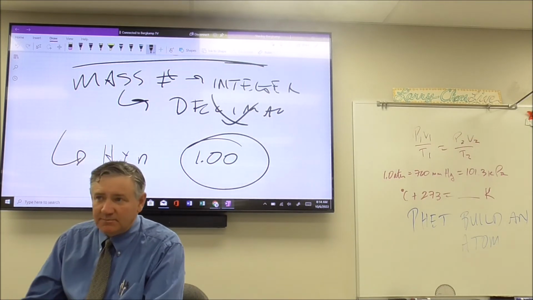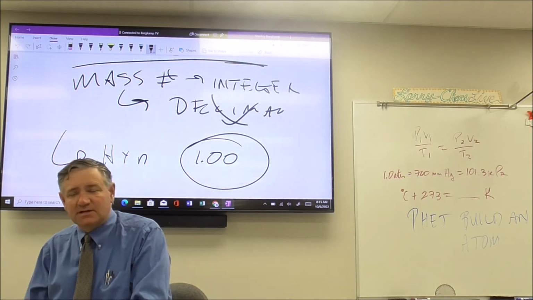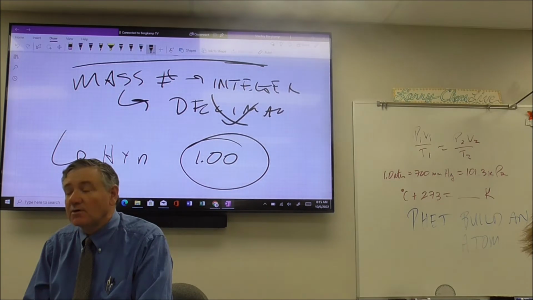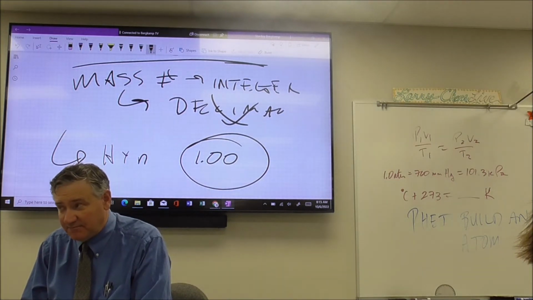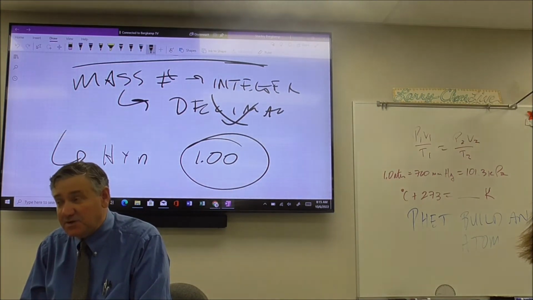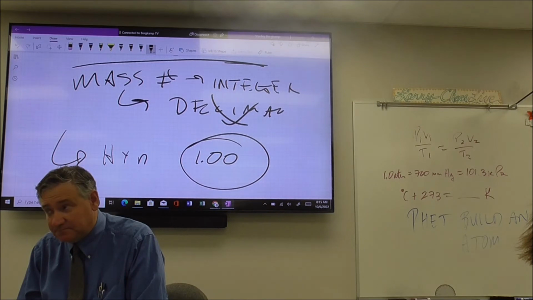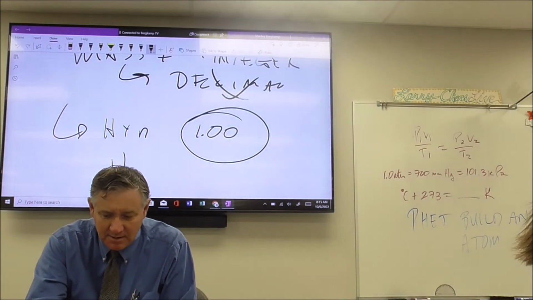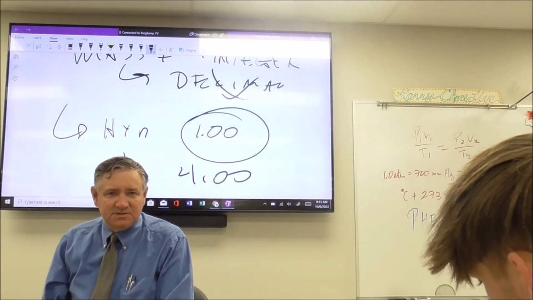You look at helium. What's the relative atomic mass of helium? Grace, what's the relative atomic mass of helium? 2. No. The relative atomic mass of helium. You gave me the atomic number. 4, okay? So if you look at helium, that's 4.00.